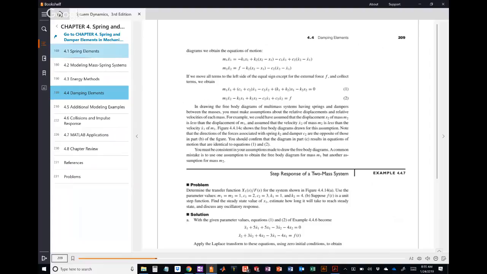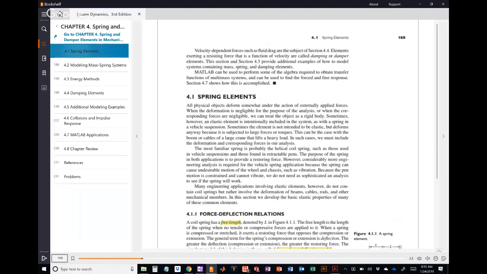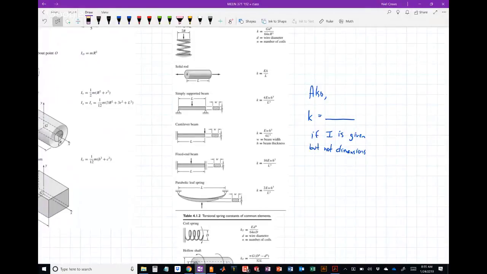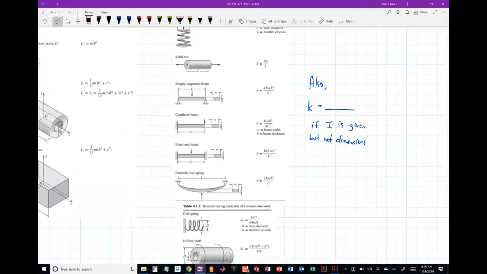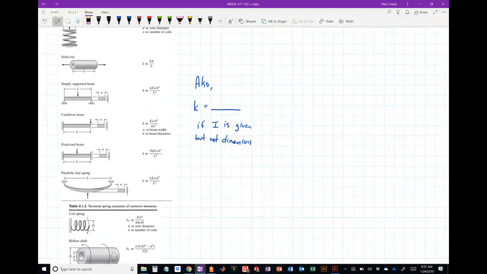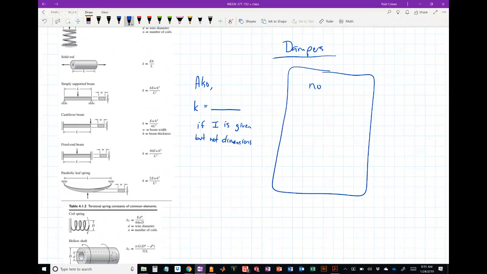Okay, so the springs though, you have tables. Dampers, no tables. Okay, we're calling them dampers.